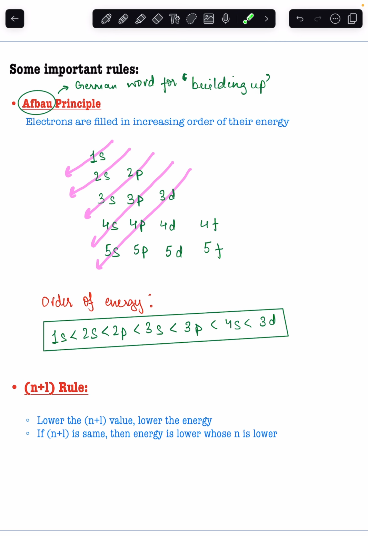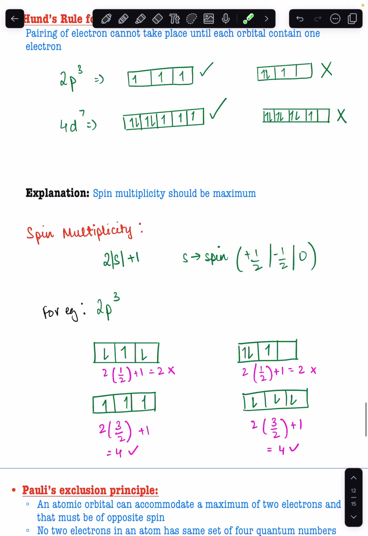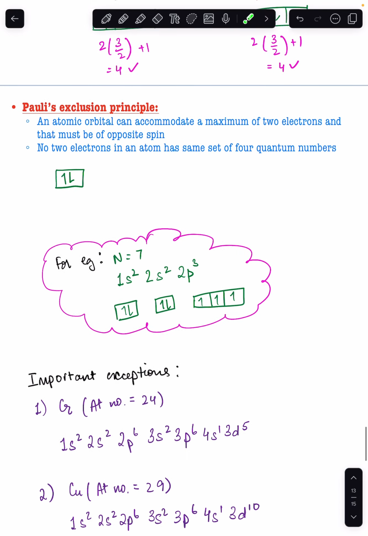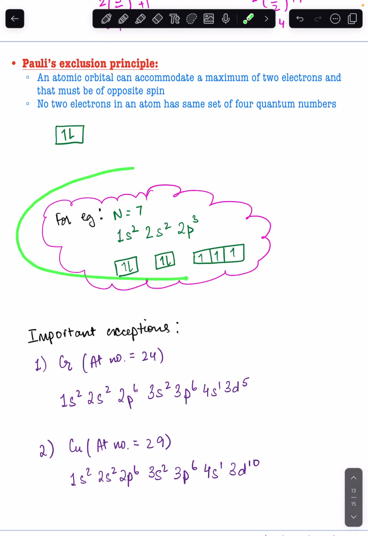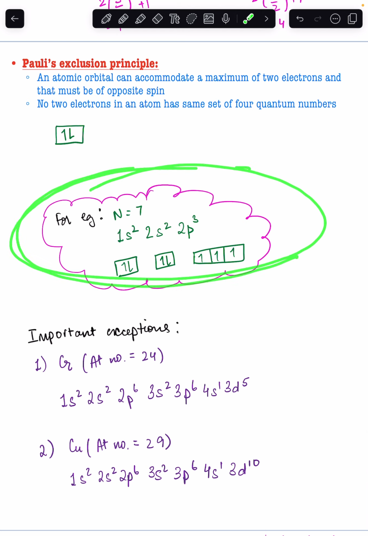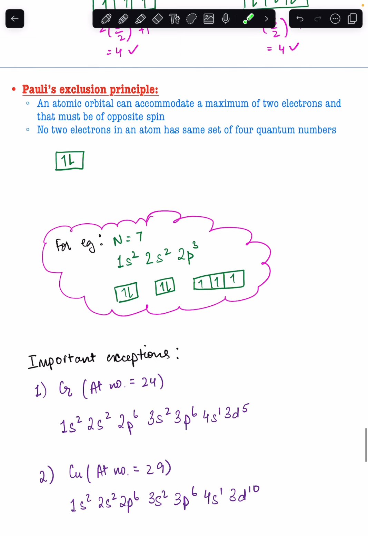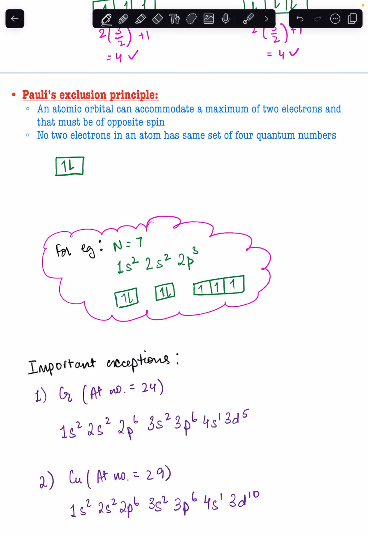Achha, now that we've studied this, I will first tell you how to write the electronic configuration. For example, we have N, nitrogen. So first of all, I will write here 1s, 2s, 2p, 3s, 3p, 3d, 4s, like this.